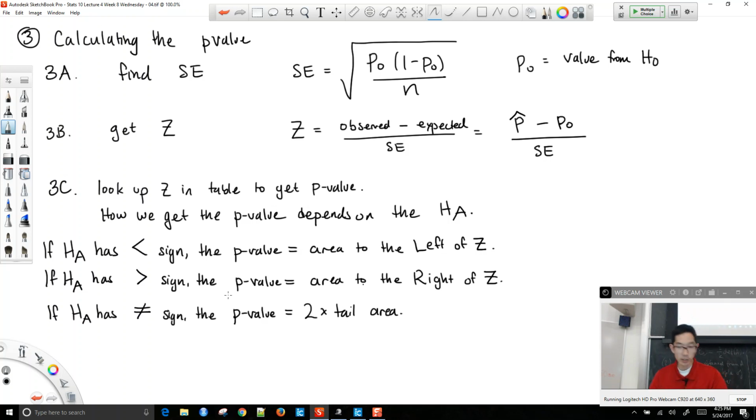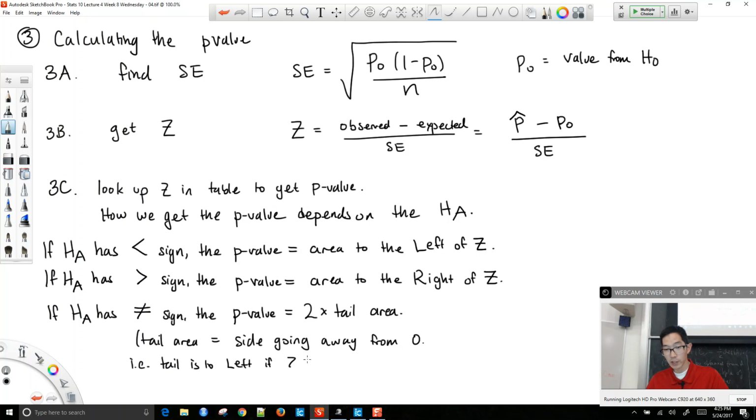And we define the tail area as the side going away from 0, or in other words, the tail is to the left if z is negative, and the tail is to the right if z is positive.